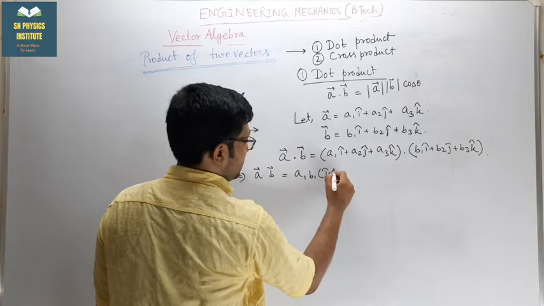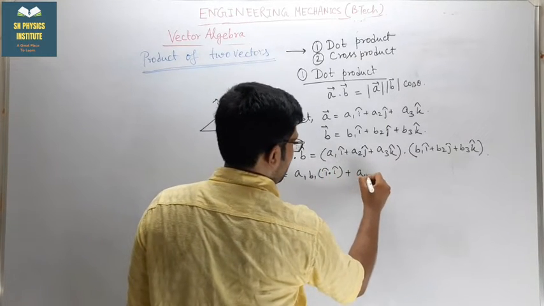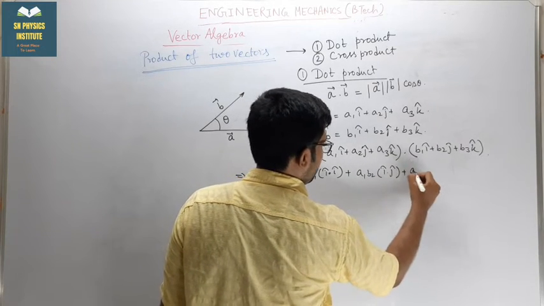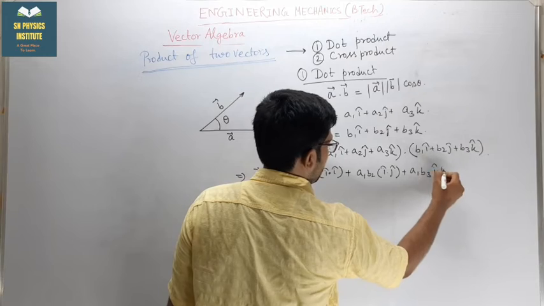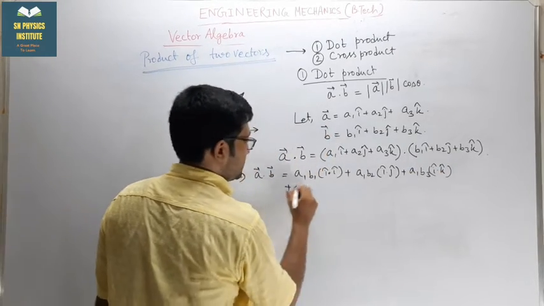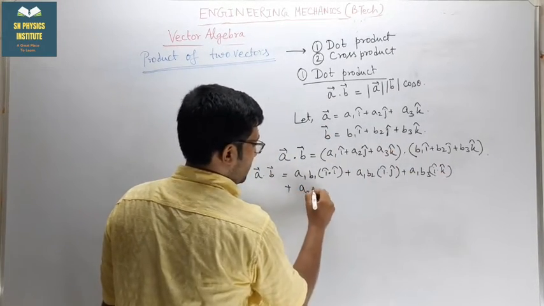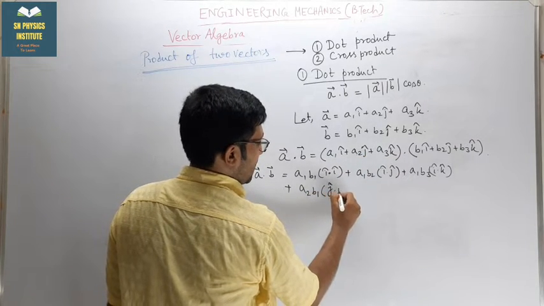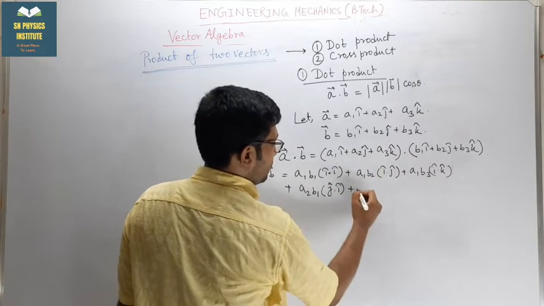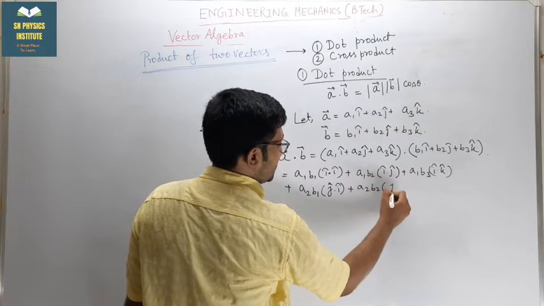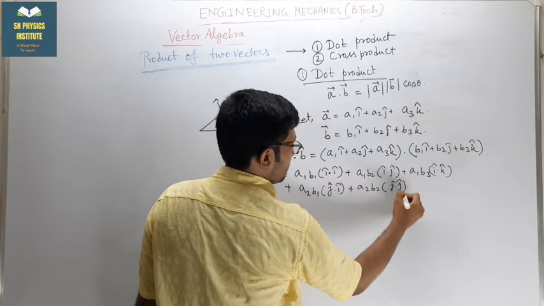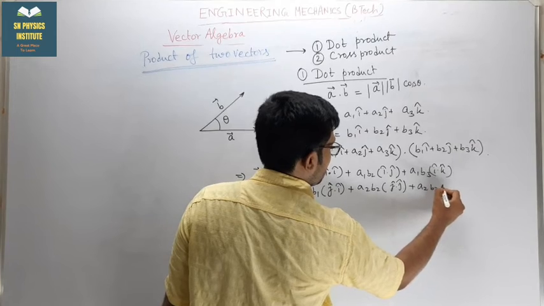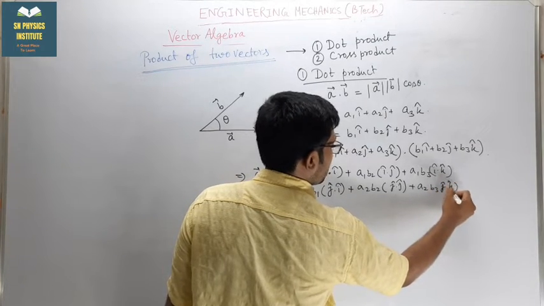In detail, A1 B1 i dot i, plus A1 B2 i dot j, plus A1 B3 i dot k, plus A2 B1 j dot i, plus A2 B2 j dot j, plus A2 B3 j dot k.